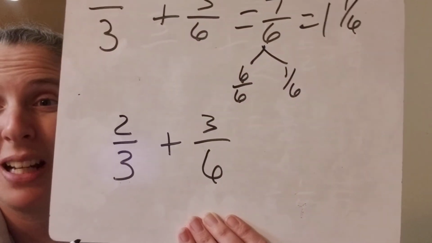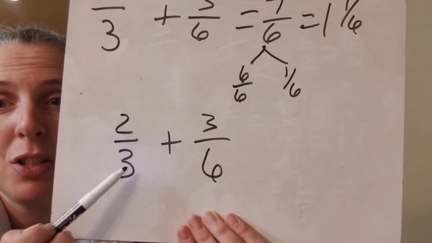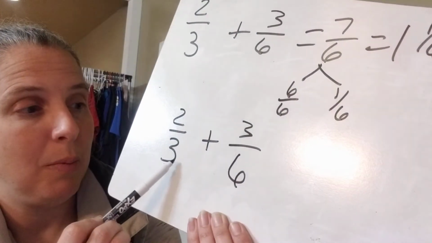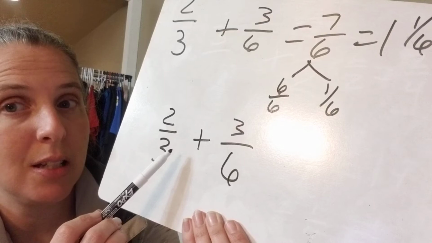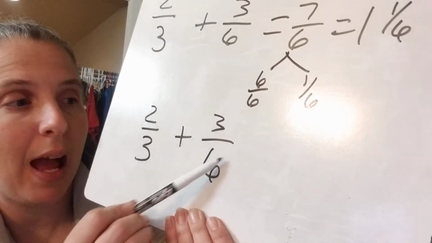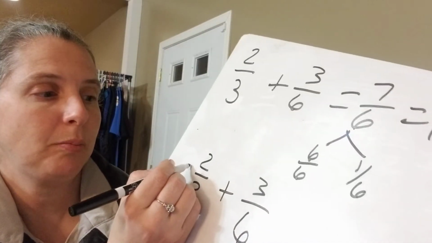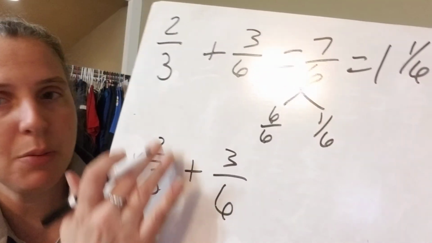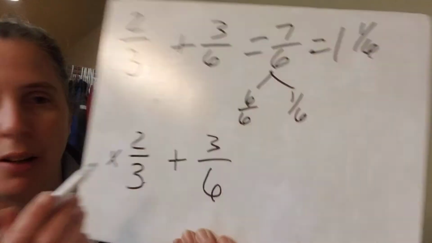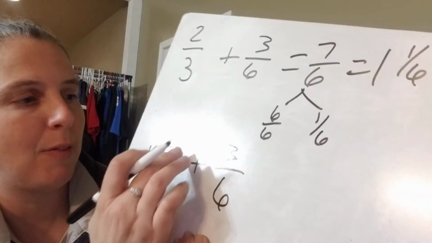The answer is yes. So I know because 3 times 2 is 6, I can use 6. So what do I have to do to 3 to get to 6? Multiply by 2. Because it was written first, I'm just going to write it over here. If I try to write in here, I'm going to have a bunch of mess.